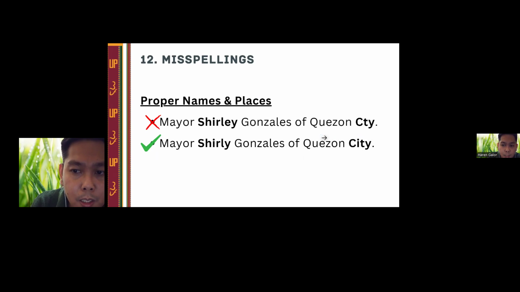The misspelled words are city without an I, and Shirley should have been spelled without an E. So be careful with this one because misspelling of proper names and places or even objects or events could lead to misinformation because it may refer to a different person, different place, different event.